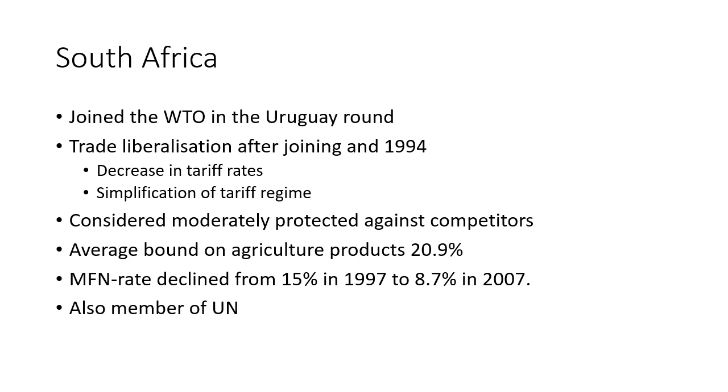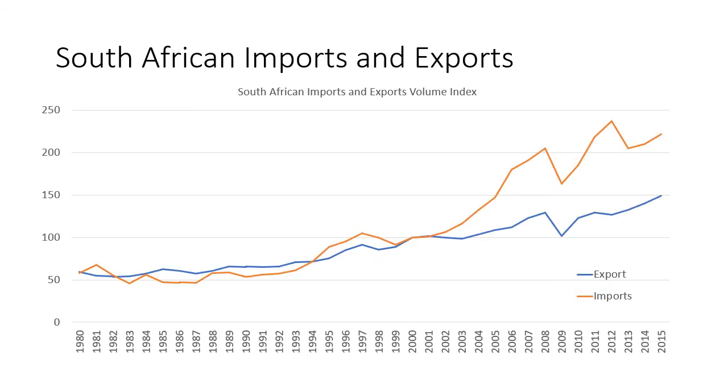In terms of South Africa, generally speaking, after apartheid ended, exports and imports increased over time. Although there's a slight blip between 2008 and 2010 due to the financial crisis, you should also understand that imports have relatively increased more than exports over that same period after apartheid ended.